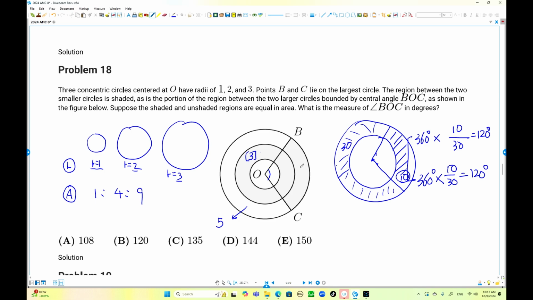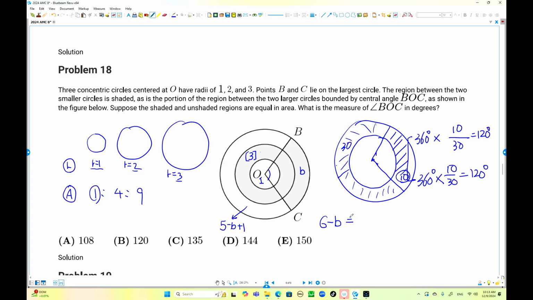What about this one? We don't know. Let this area be B. Okay? Because there is one variable, there is one equation, right? The areas are equal. You can let this be B or X. What is the area of the unshaded area? 5 minus B, right? This area is now 5 minus B. Inside is still 1, isn't it? So plus 1 there, that is what? 6 minus B, right? That's the area of the unshaded one.